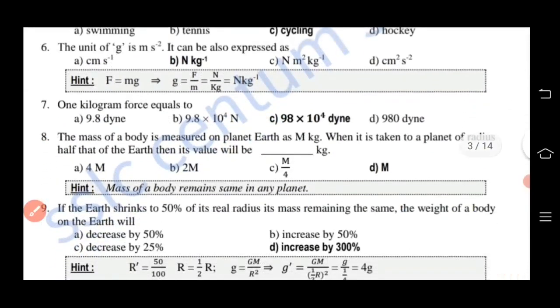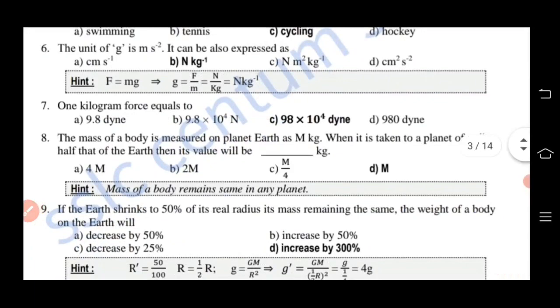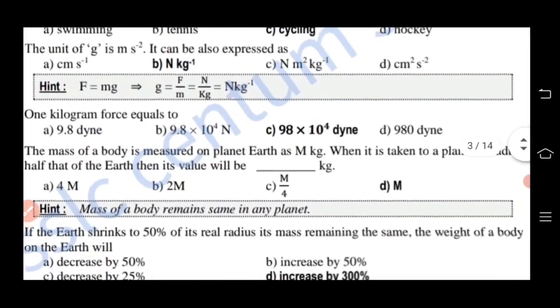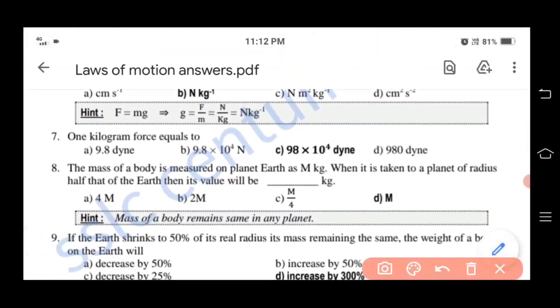So the answer is that the mass of the body remains the same. Children, the mass of the body never changes wherever it may be, on the planet Earth or moon or Mars. Only weight will change. So the answer is m kg.